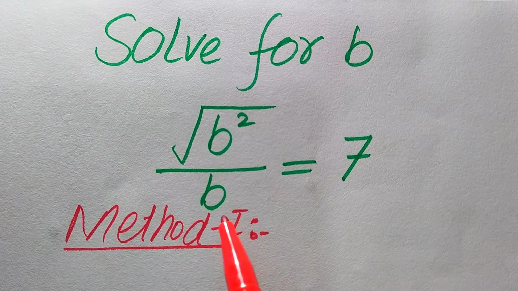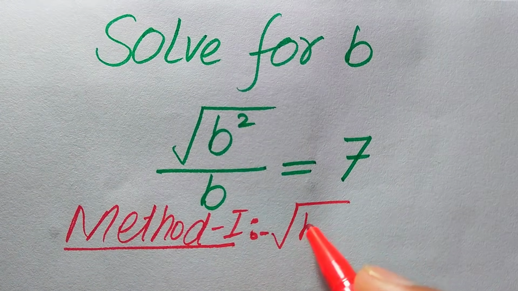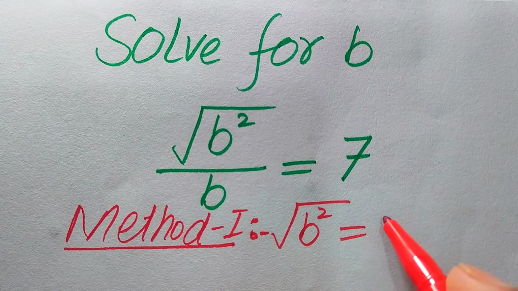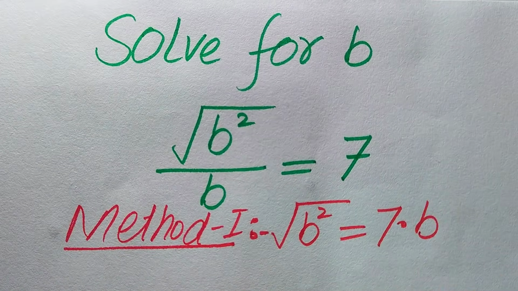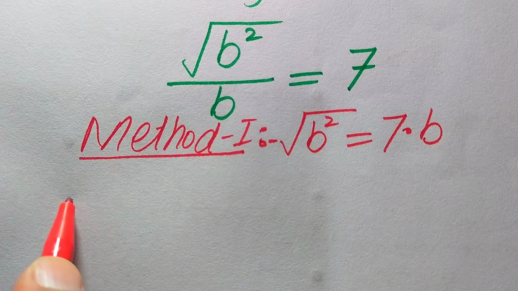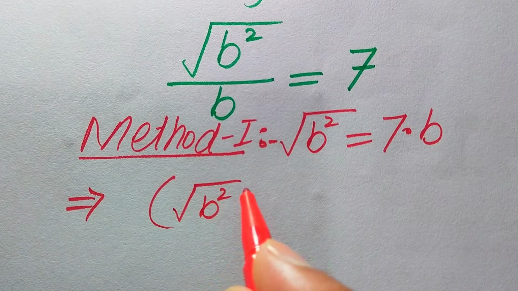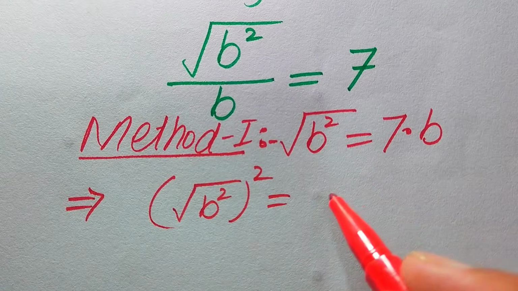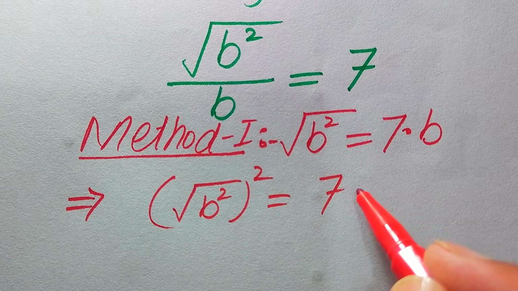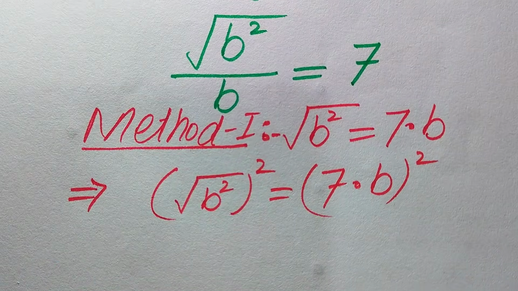So here, first we move the term b to the right hand side and we get square root of b squared equals 7 times b. Now we need to remove the square root sign, and for this we take squaring on both of the sides. So when we apply squaring, this will be written as 7 times b, whole squared.